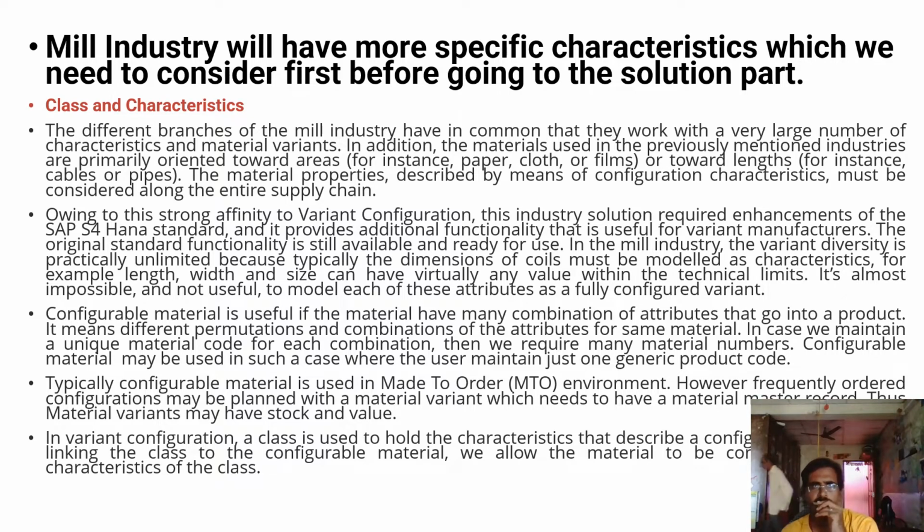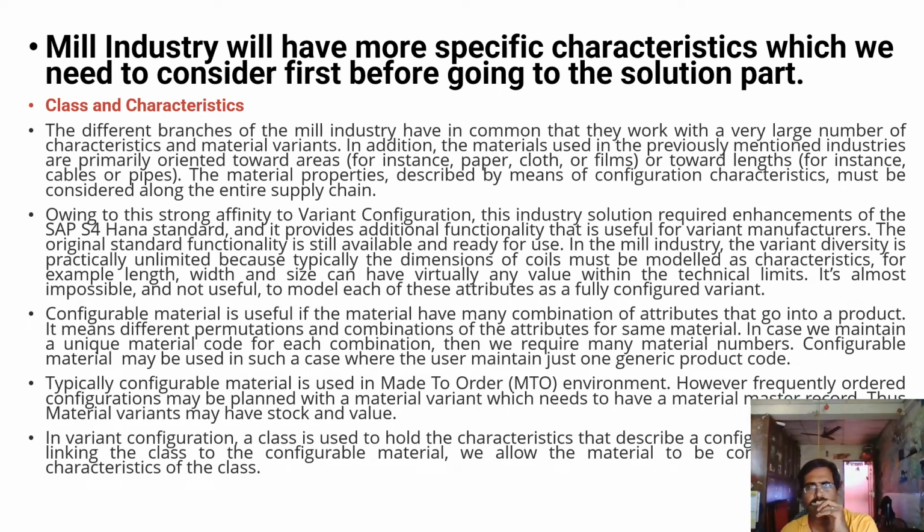First thing, class and characteristics. Different branches of the mill industry have in common that they work with a very large number of characteristics and material variants, because we have different materials and applications. Steel can be manufactured as a block, or as screws and bolts, or steel sheets, or steel pipes. A lot of things are there.